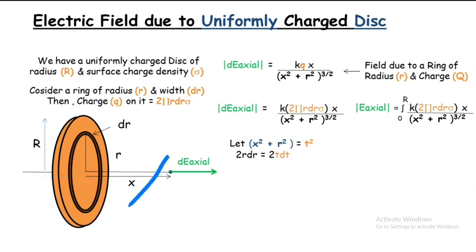So x is constant, x is not changing, r is variable, r is changing. That's why differentiation of x² + r² = t² gives 2r dr = 2t dt. Now we put the value of x² + r² and also r dr here.